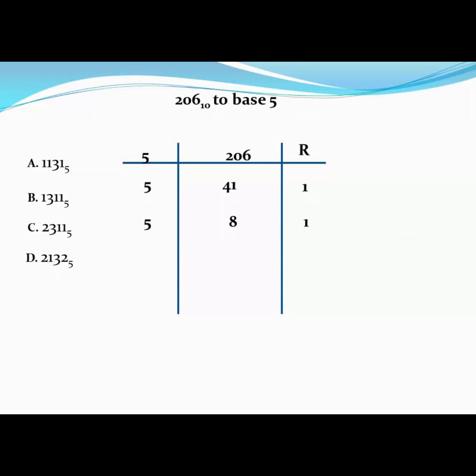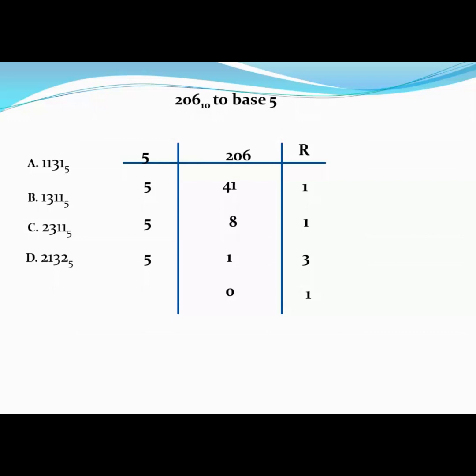Now 5 goes into 8 1 time. What is it going to remain? It remains 3, because 5 times 1 is 5, plus 3 equals 8. Now 5 goes into 1 zero times, and it remains 1.